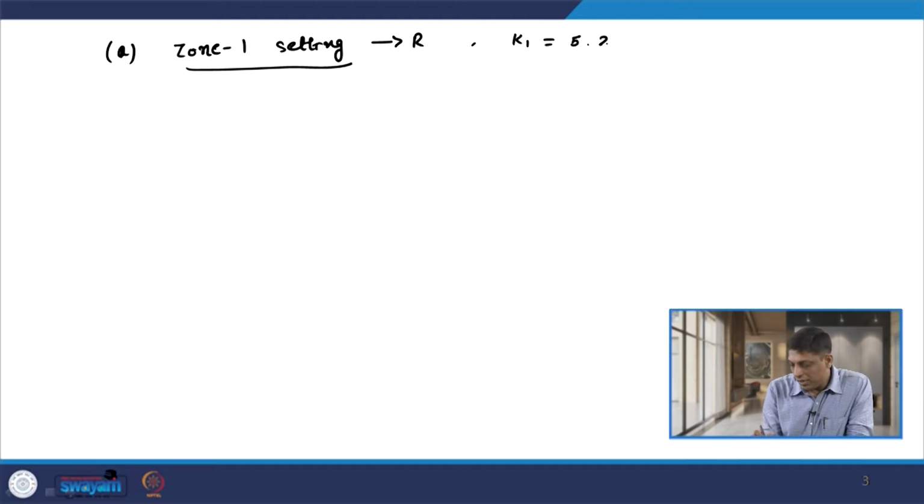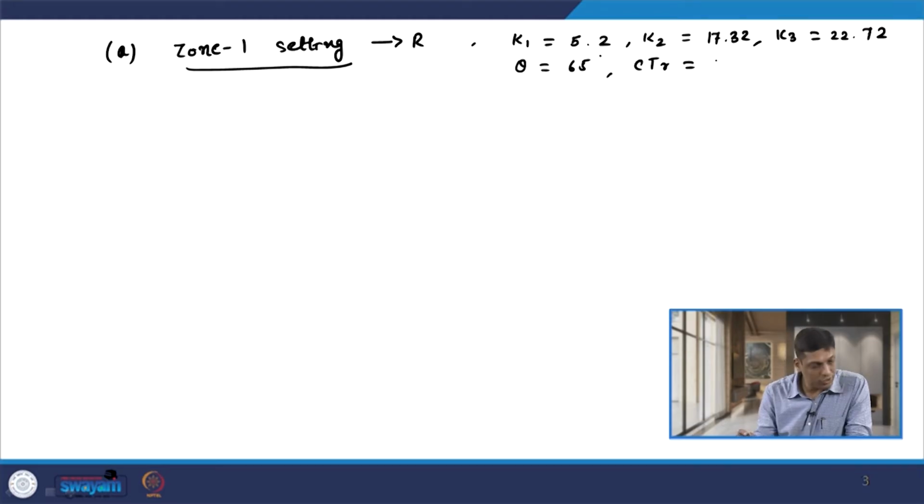The value of K2 is given as 17.32, and the value of K3 is given as 22.72. The characteristic angle theta is also given, that is 65 degree, and the CT ratio is also given.